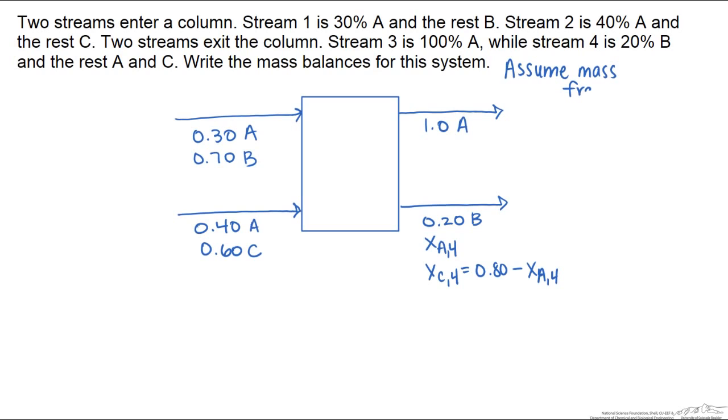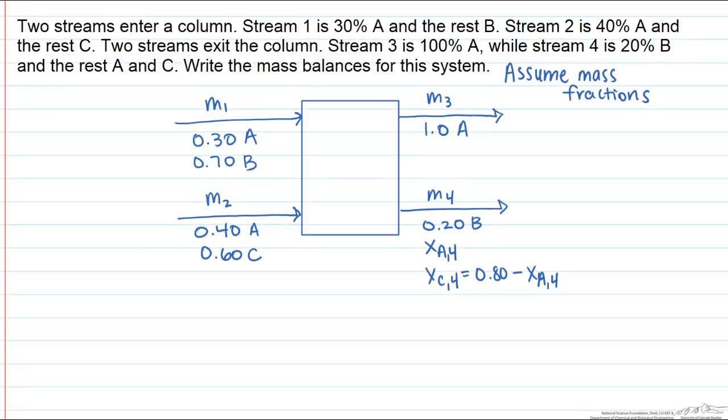And so we need to write the mass or material balances. We'll call these M1, M2, M3, and M4. So now let's do these mass balances.